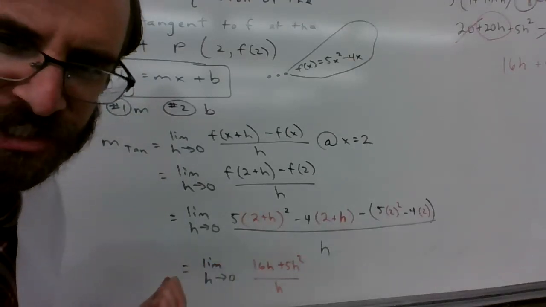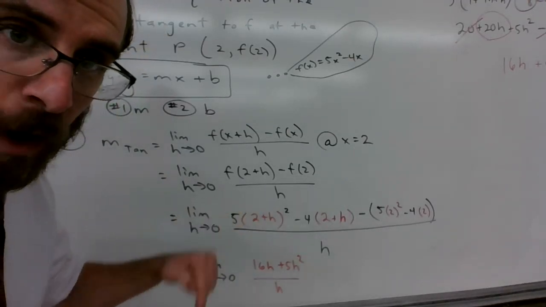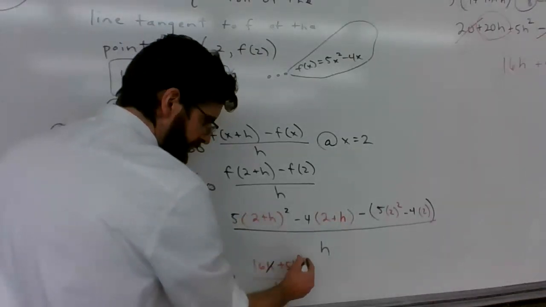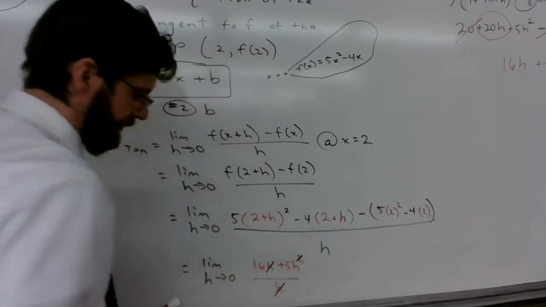We could factor an h out of the top and divide it out with the bottom. So the h up top cancels with the h on the bottom.